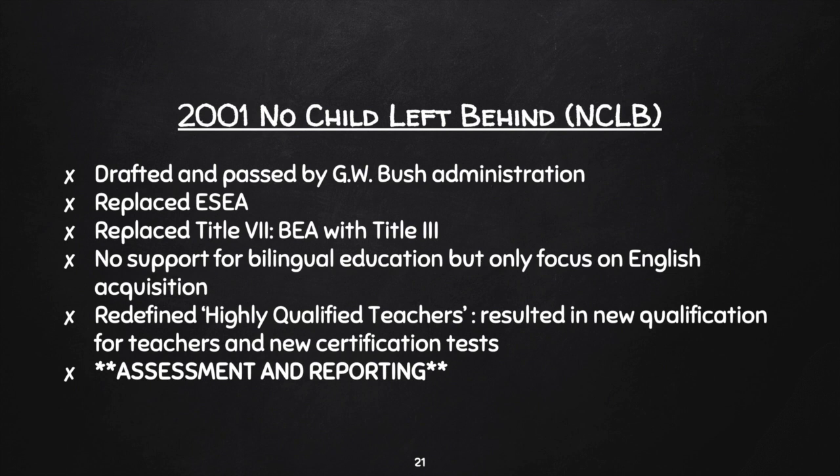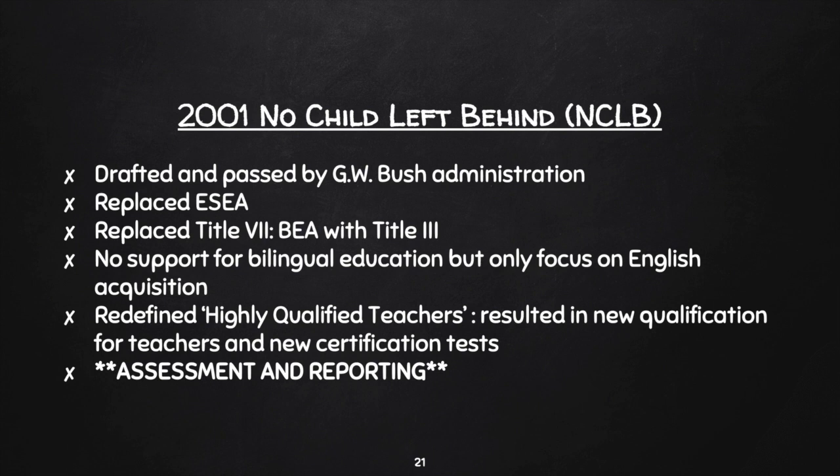So now No Child Left Behind replaced the Elementary and Secondary Education Act, and the Bilingual Education Act was replaced with Title III. Under No Child Left Behind, there was very limited support for bilingual education, with the majority of focus on English acquisition, and it redefined what a quote-unquote highly qualified teacher was. So this resulted in new qualifications for teachers and new certification tests.